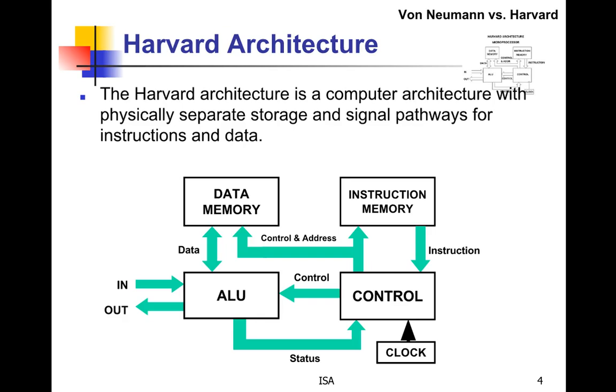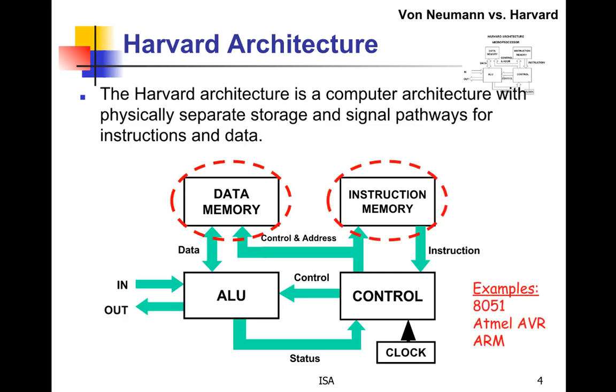So the actual program is in the instruction memory and the data which it works on is in data memory. This diagram shows you a Harvard architecture, and notice it has instruction and data memory separate. Examples of the Harvard architecture are the 8051, the Atmel AVR, and the ARM.